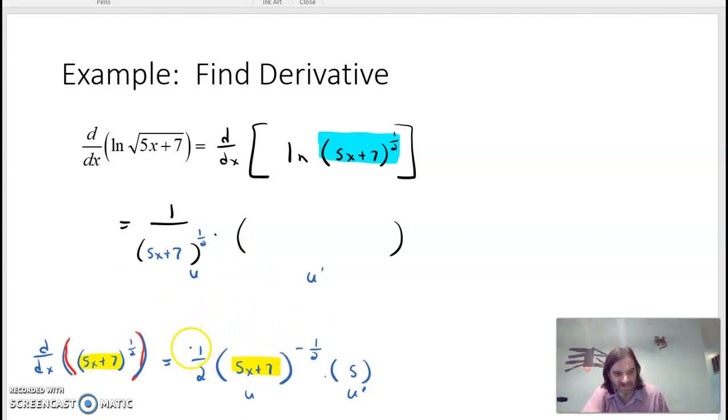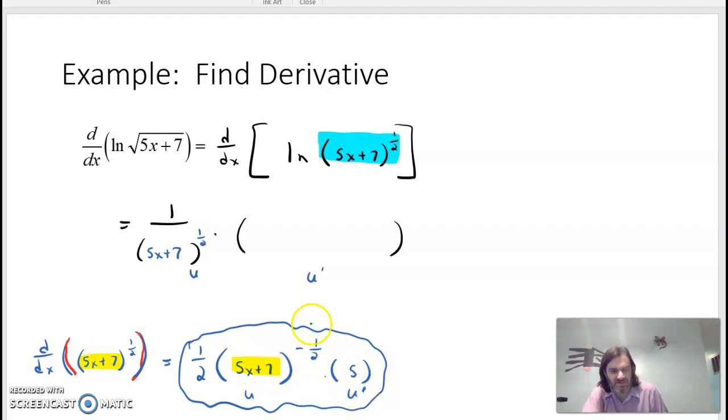But this guy over here, 1/2 times 5x plus 7 to the negative 1/2 times 5 is the u prime that we've got for the original problem. So let's clean it up just a little bit. It'll be 5/2 times 5x plus 7 to the negative 1/2.